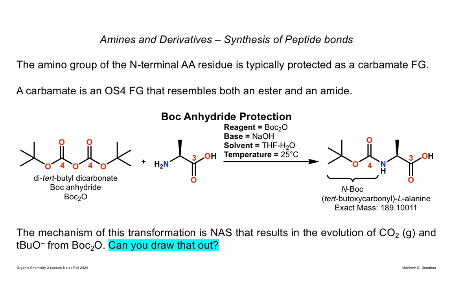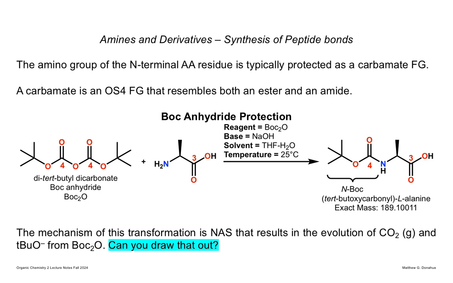So that's the coupling. And now we need to talk about differentiating the amine and the carboxyl residues through protection. A common protecting group is called BOC. So BOC anhydride. That structure is shown to the left here. It's abbreviated BOC2O.